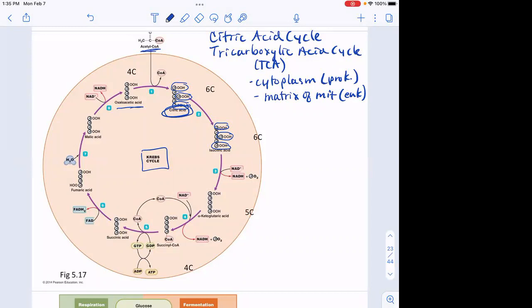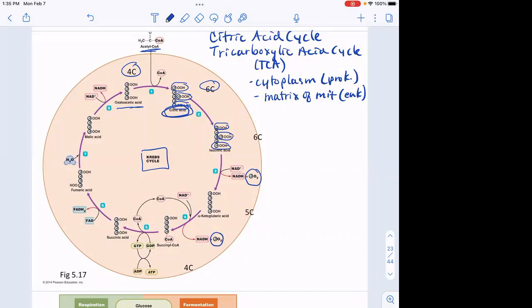All right, so what's going on with this? First of all, if we think about the carbons, we've got a 2-carbon compound combining with that 4-carbon oxaloacetic acid. Now we've got 6-carbon citric acid. But right away we have a loss of a carbon by decarboxylation as carbon dioxide here and here.